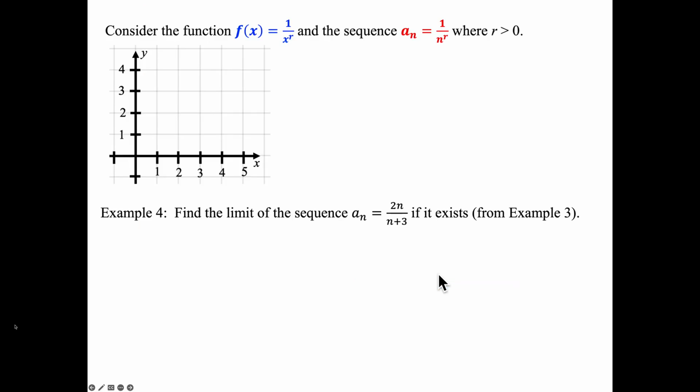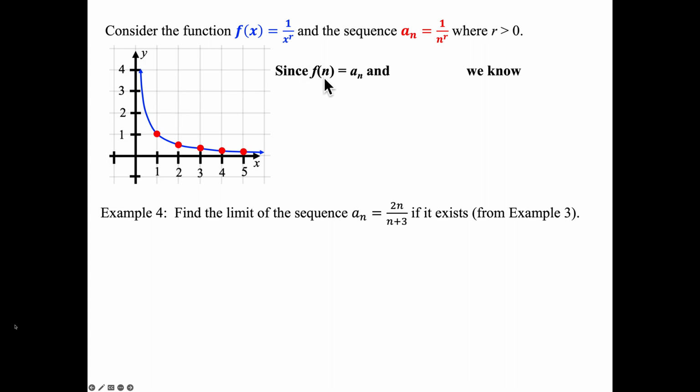So consider the function f of x equals 1 over x to the r power, and the sequence a sub n equals 1 over n to the r power, where r is greater than 0. Graphing my function is this blue curve. Plotting points starting at 1 is just hitting those natural numbers.